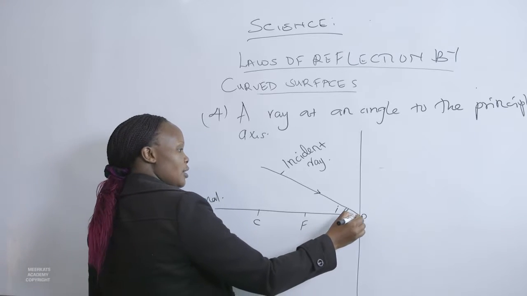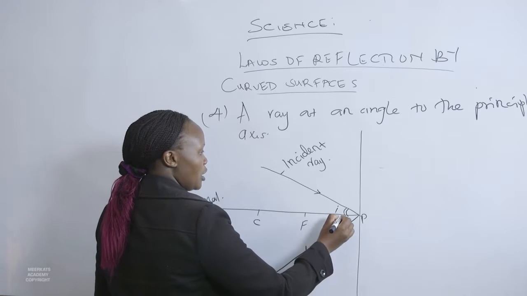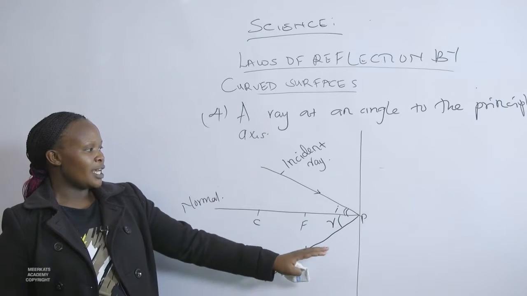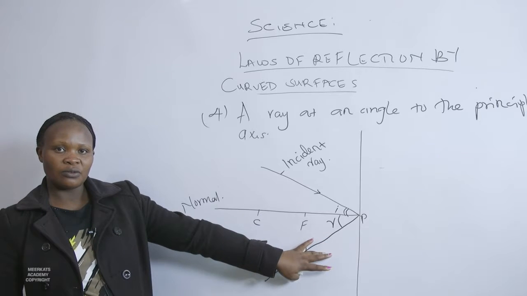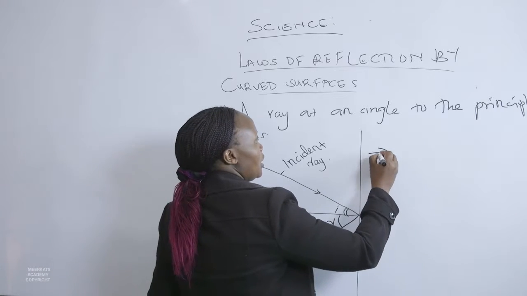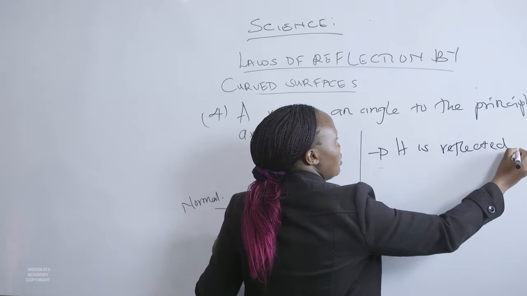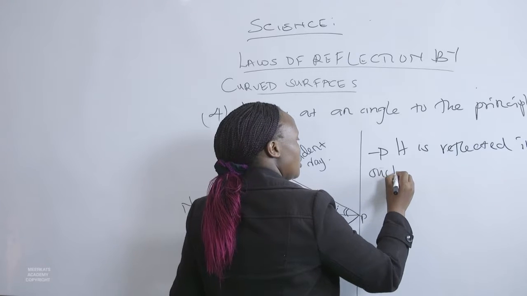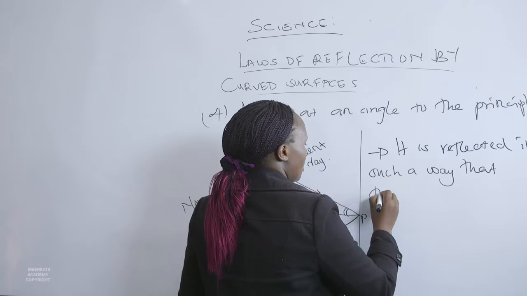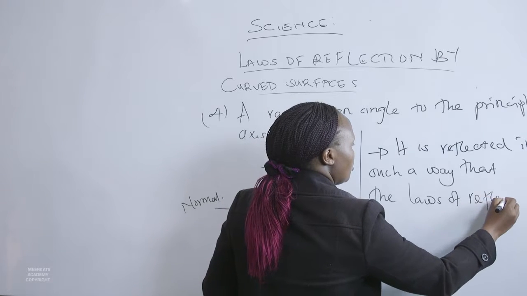Then this ray is reflected at an angle we are going to call small r, so that now the laws of reflection are obeyed.